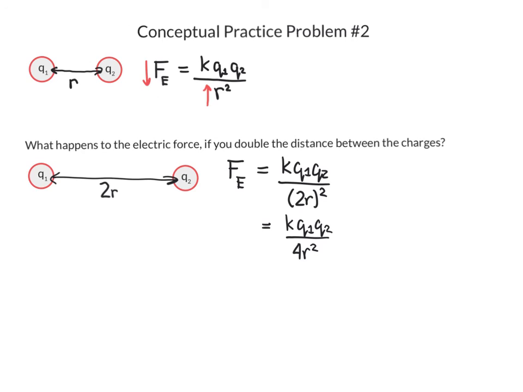So we can see now that here's our original electric force, KQ1, Q2 over R squared, and we have this extra 1/4 here. That is, the new electric force is a quarter of the amount of the old electric force, because the electric force depends on the inverse of the distance squared.